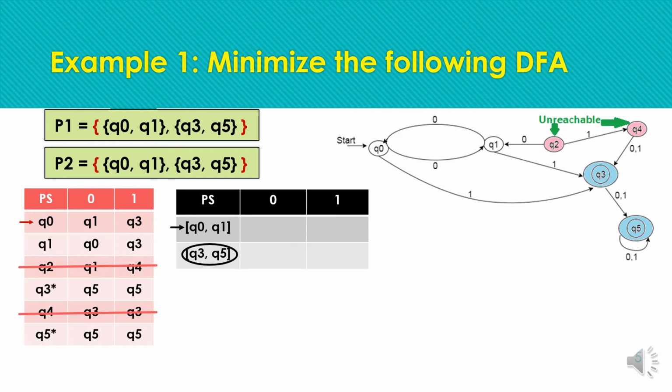And if any transition in this table goes to Q3, then we need to write the complete state Q3 Q5. For each transition to Q1 or Q0, we need to write Q0 and Q1 as one state. Okay, so this is the very simple process that can be used to construct the transition table.